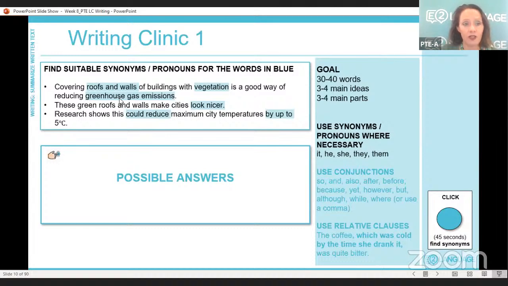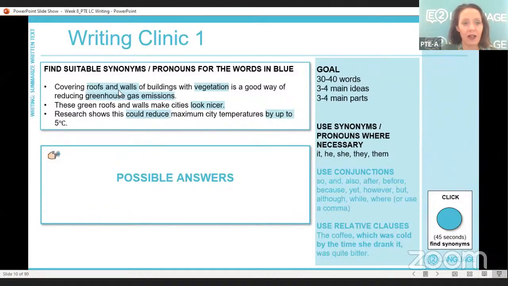And these green roofs, so ones that are covered with this plant kind of covering, and walls make cities look nicer, so more beautiful. They add to the appearance. And research shows that this could reduce maximum city temperatures by up to 5 degrees. So that's pretty good, isn't it? That using this kind of covering could actually lower the temperatures in the city by up to 5 degrees.